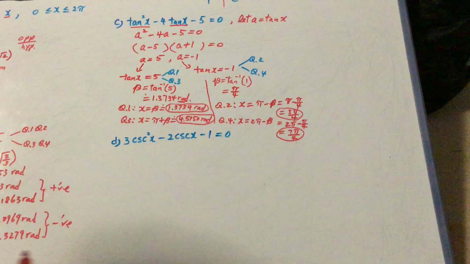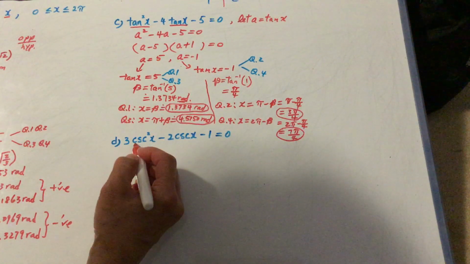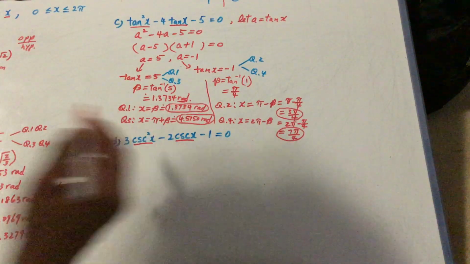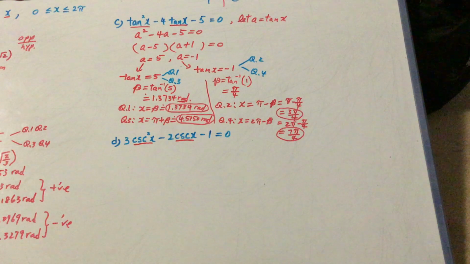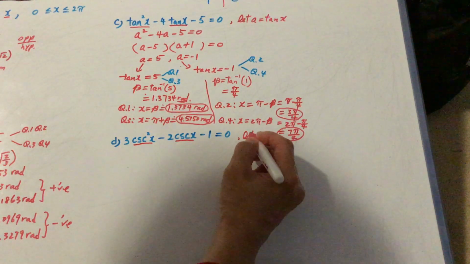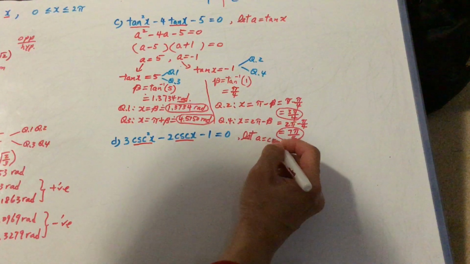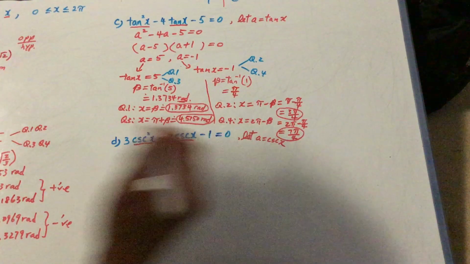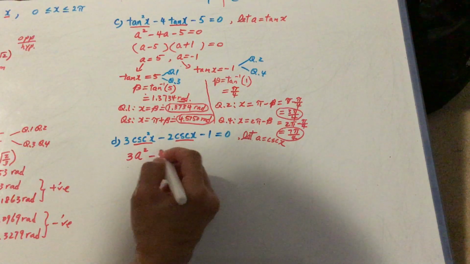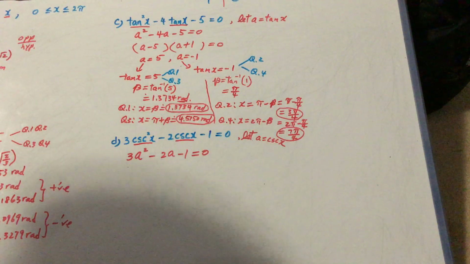So D, regardless of whether this has reciprocals or not, this one looks like a complex trinomial. So if I let A be the cosecant x, that means I will have 3A squared minus 2A minus 1 equal to 0.